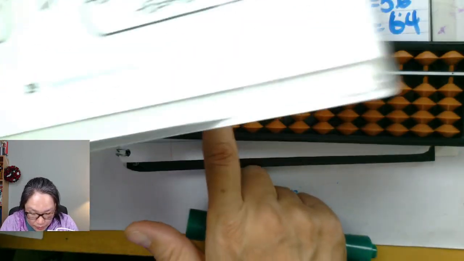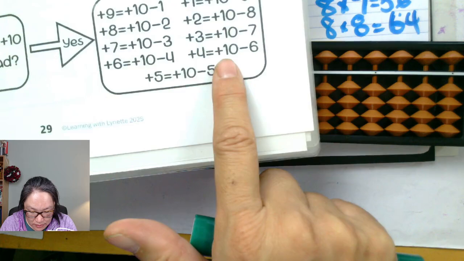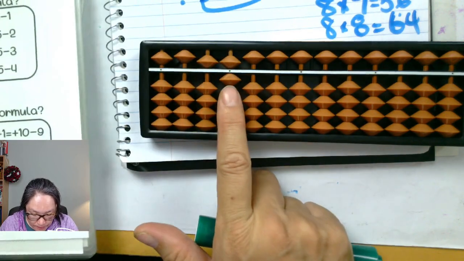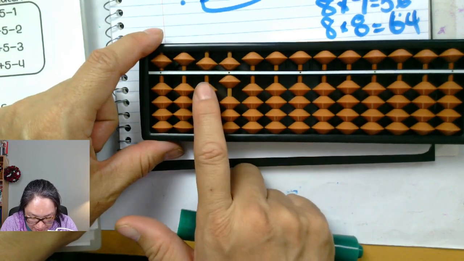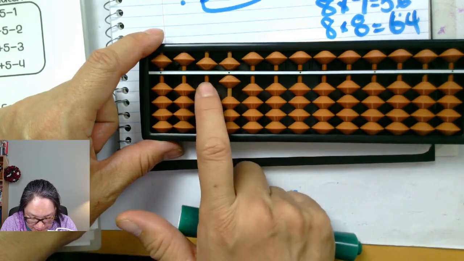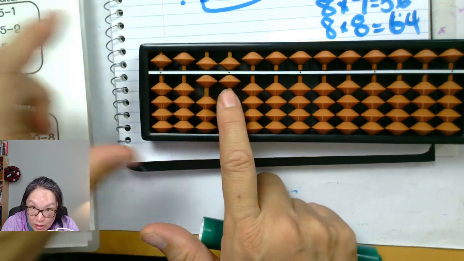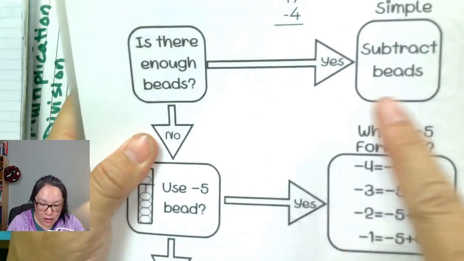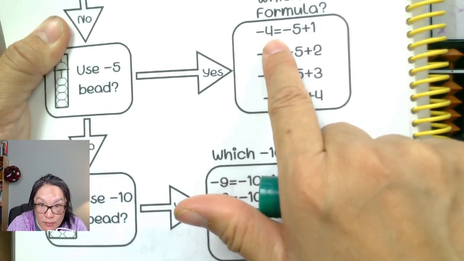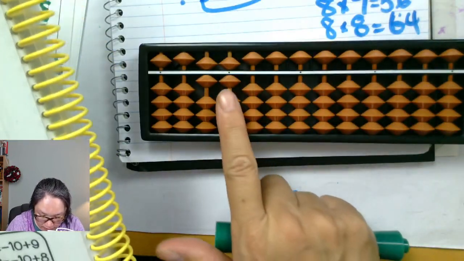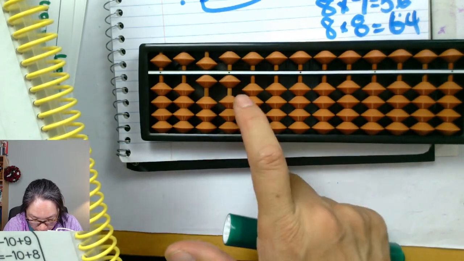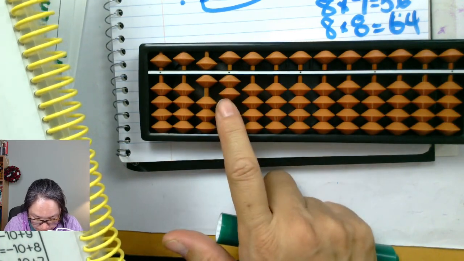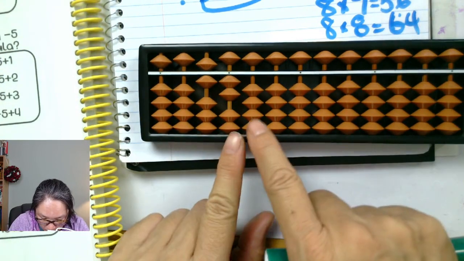So plus the 10 minus the 4. We know how to minus the 4: minus the 5 plus the 1. And then we need to add the 4.